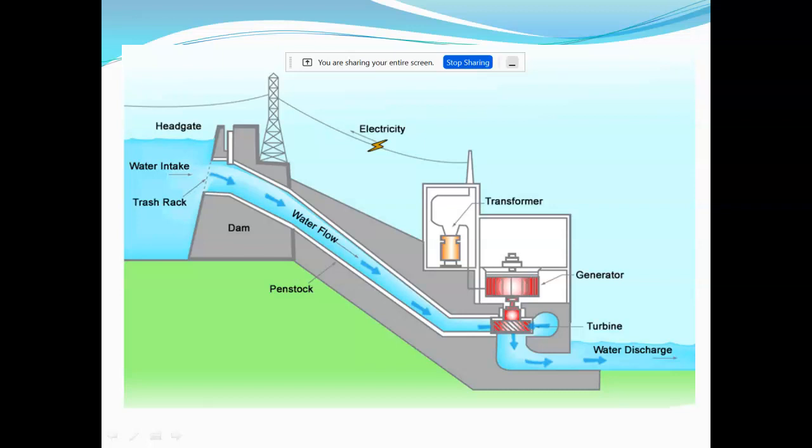Yes. Any other thing that you can identify, Felix? The generator, yes. I can see the turbine. The turbine, thank you. And also water discharge. The water discharge, that is what we talked about, like the return flow, right?